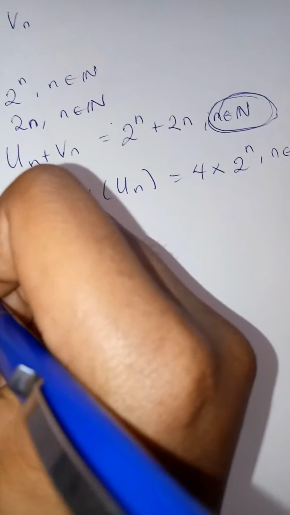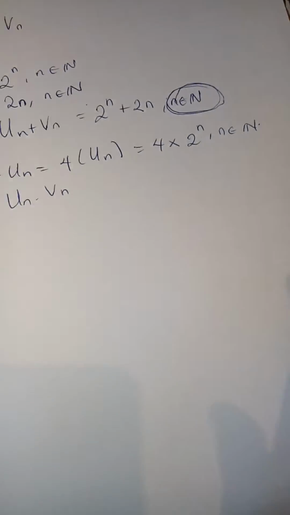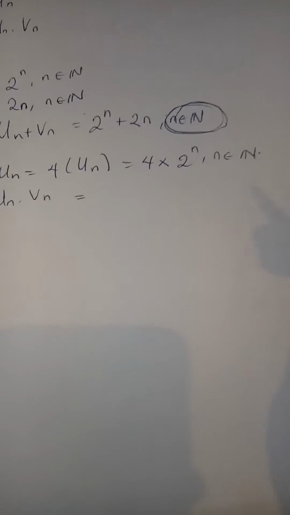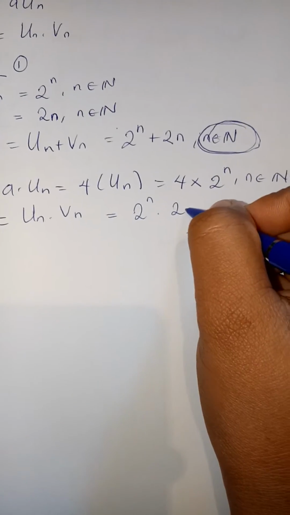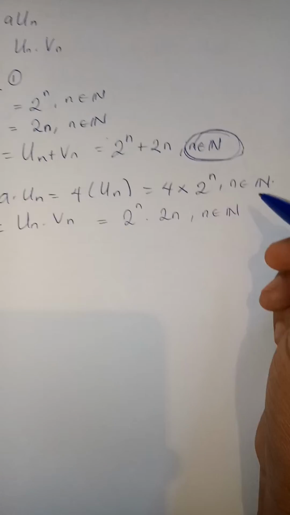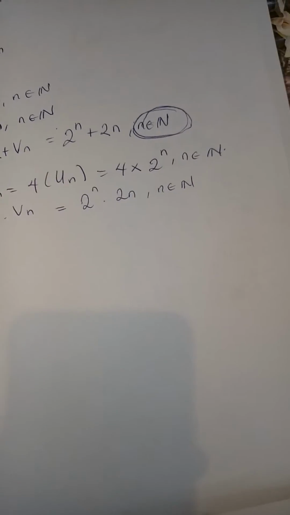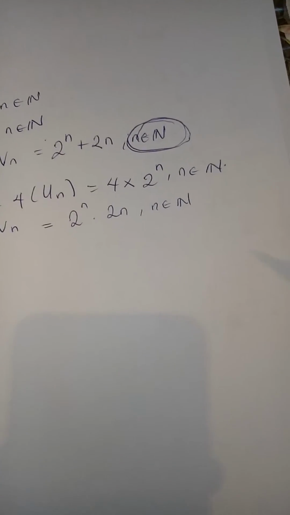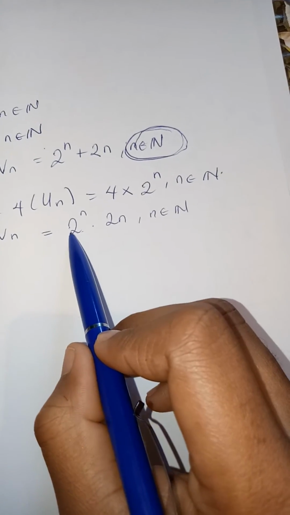I have un fois vn, which will be equal to 2 raised to the power of n times 2n, for n appartient à N.